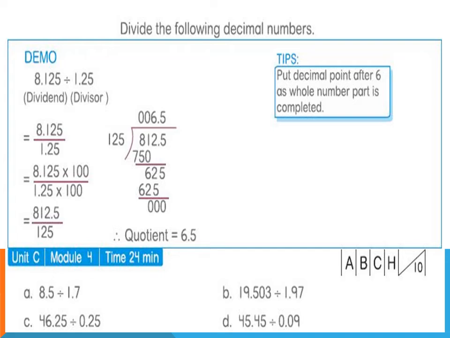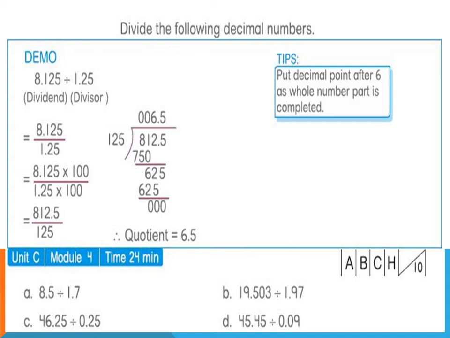Now if we multiply both the numerator and denominator by 100, the denominator becomes a whole number and the numerator becomes 812.5. Now we will divide 812.5 by 125 and we will get the answer as 6.5.